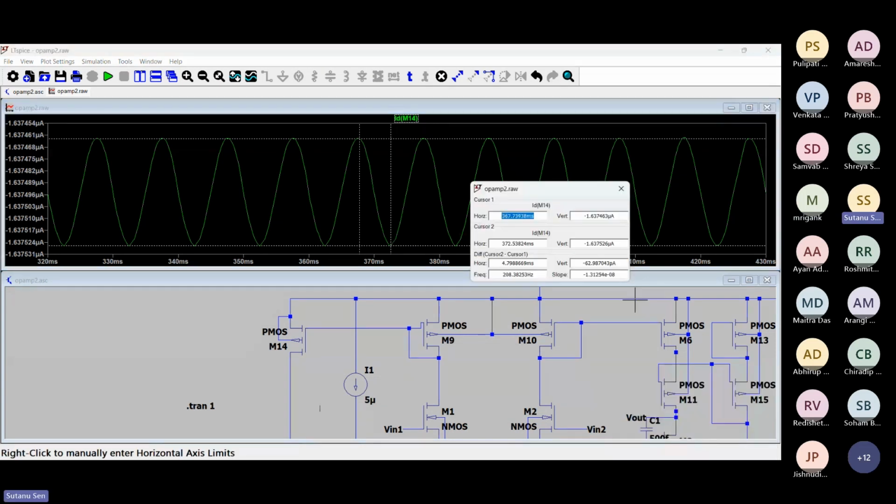Around 62, 63 picoamperes, where I have applied around 100 picoamperes. What do you mean 100 picoamperes? Oh sorry, I mean volts, 0.1 microvolts. You look at the small signal peak to peak current of M14 and M1. I need both of them. Yes, sir. M14 and M1.